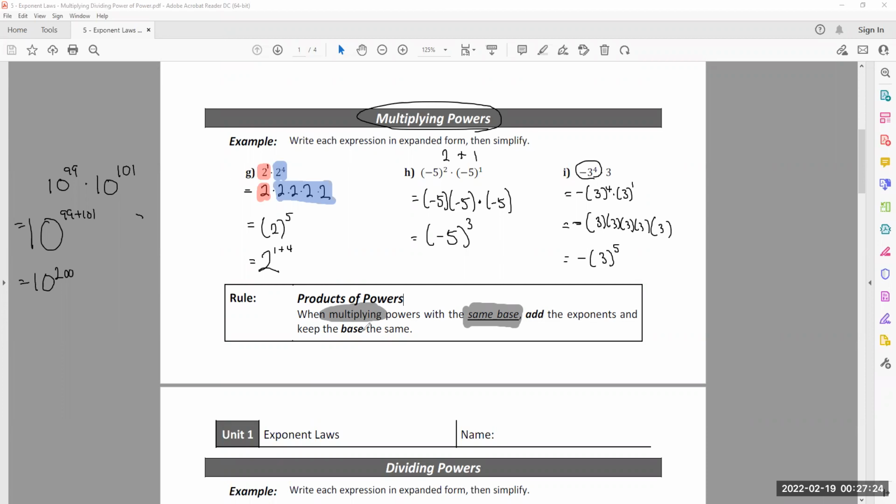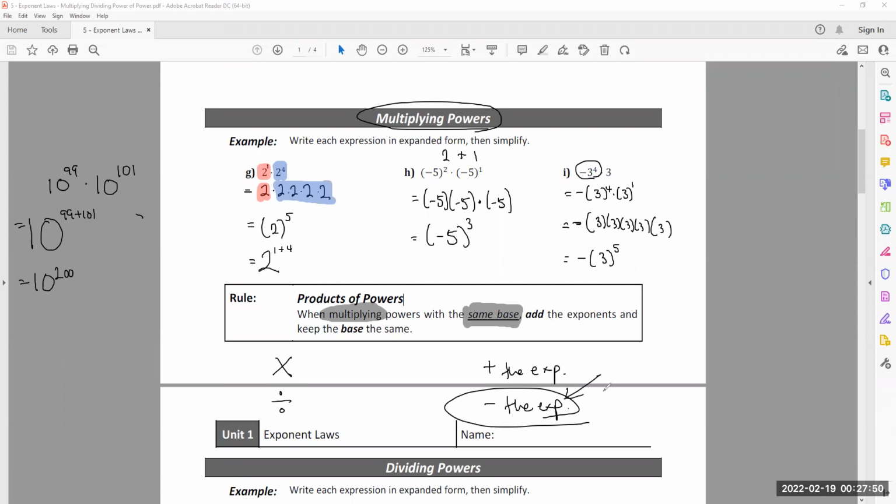Now, before I move on to the dividing portion, I think you can guess it. If multiplying powers made you add the exponents, what do you think division is going to force you to do with the exponents? Going once, going twice, it's going to get you to subtract, which means sometimes you might end up with negative exponents.